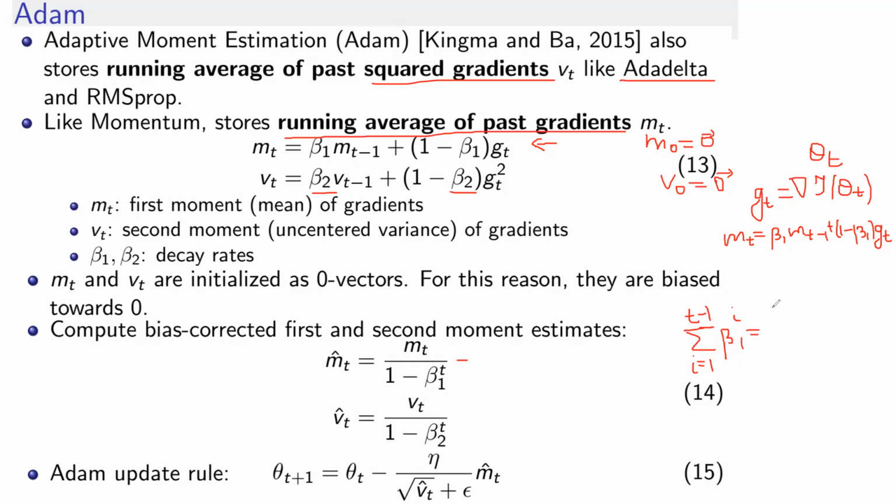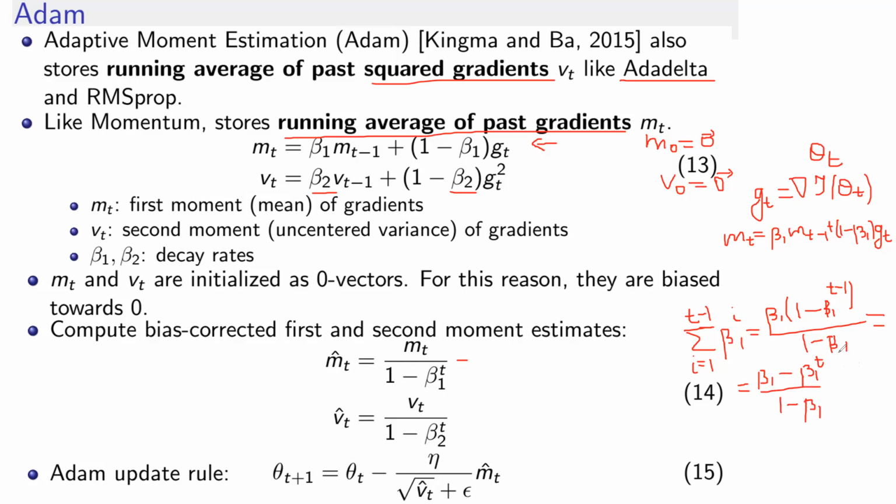So what do I have? We will have beta 1, which is the first number, then beta 1 times 1 minus beta 1 to the power of t minus 1, divided by 1 minus beta 1. This is the sum of a geometric progression, the geometric series. So let's open our brackets. We'll have beta 1 minus beta 1 to the power of t divided by 1 minus beta 1.